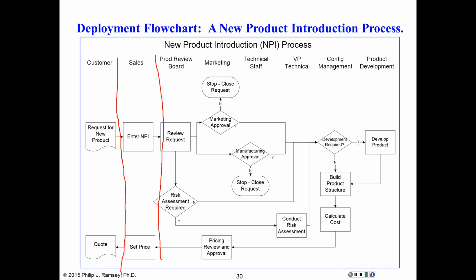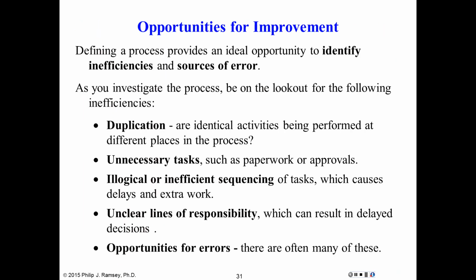So once the team had finally mapped out this process with a deployment flowchart, they set about figuring out how to simplify it and then eventually put together what they call in Lean the future state map.